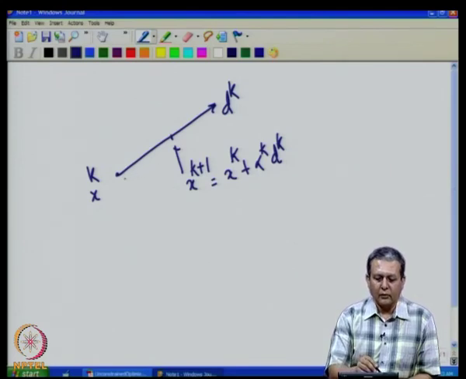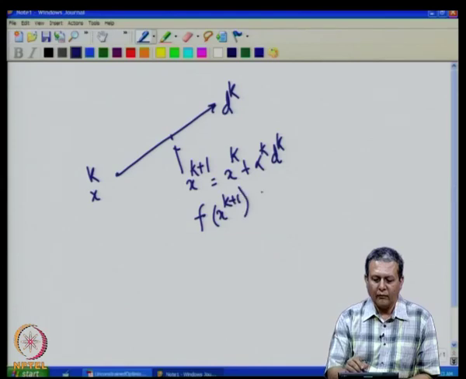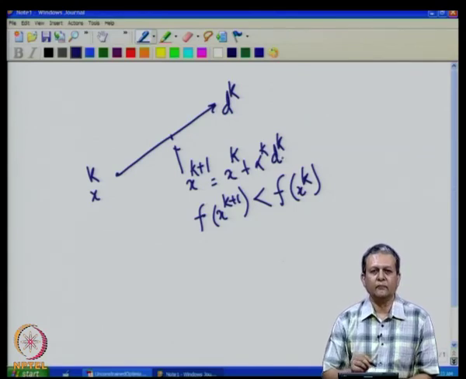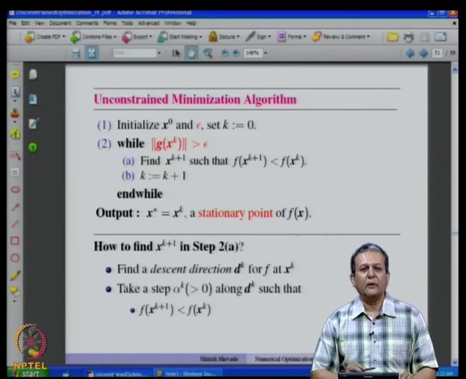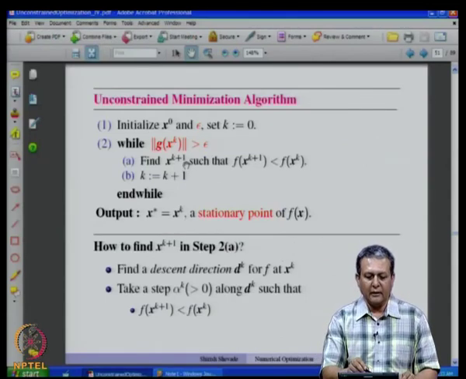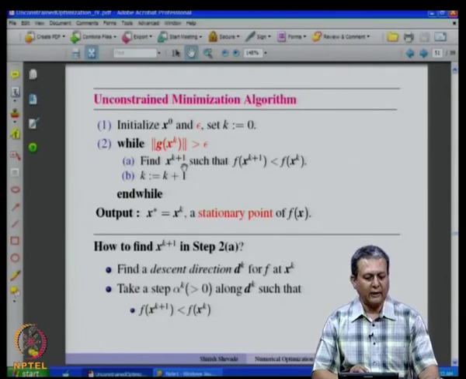So, since d k is a descent direction, we are able to find some alpha k along that direction, such that f of x k plus 1 is less than f of x k, where x k plus 1 is nothing but x k plus alpha k d k. So, these are the two steps that are necessary for finding x k plus 1.